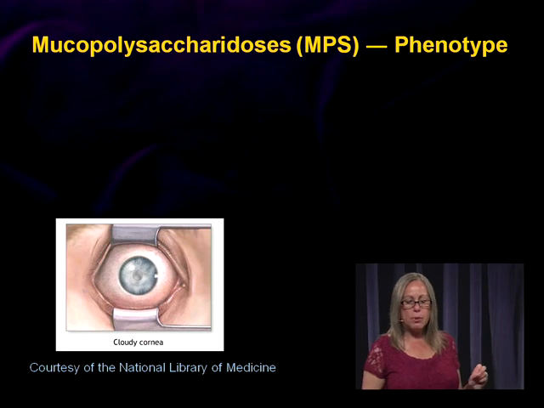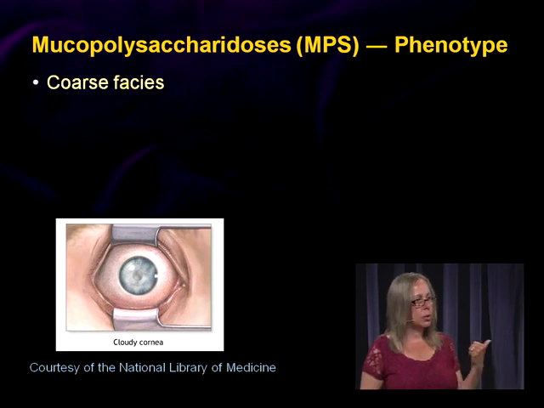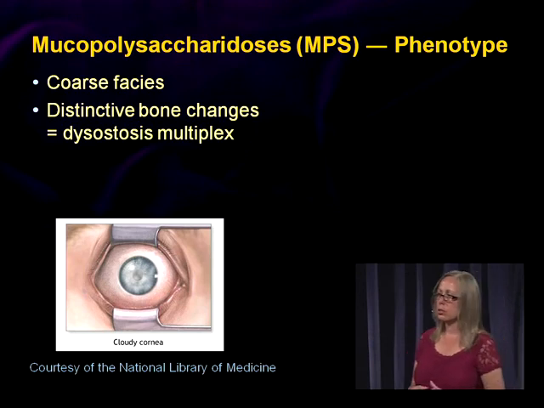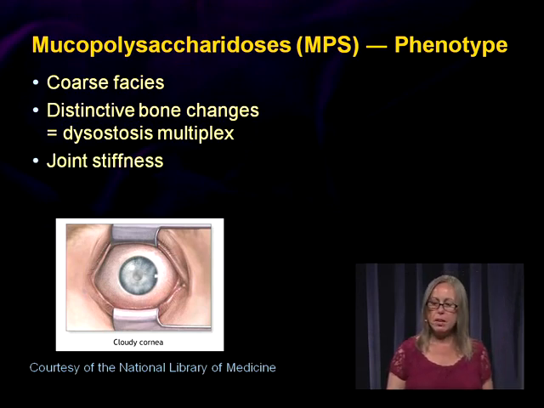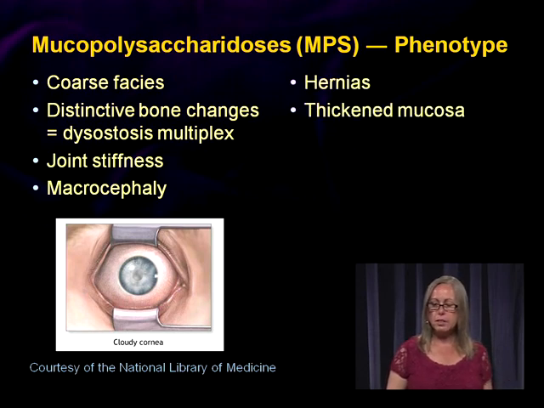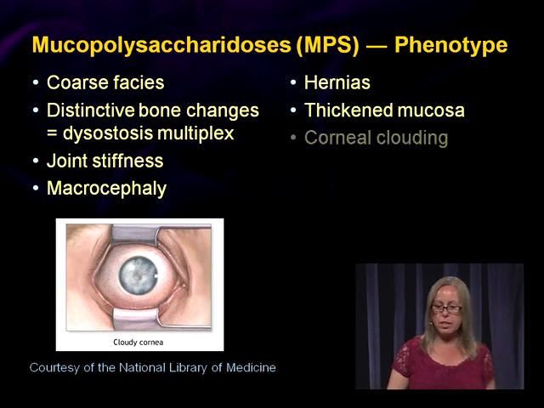So the most common phenotype that you see is coarse facial features, distinctive bone changes known as dysostosis multiplex, joint stiffness, a big head, hernias, thickened mucosa, so these kids always come in with a snotty nose, recurrent ear infections, corneal clouding, deafness, and mental retardation.